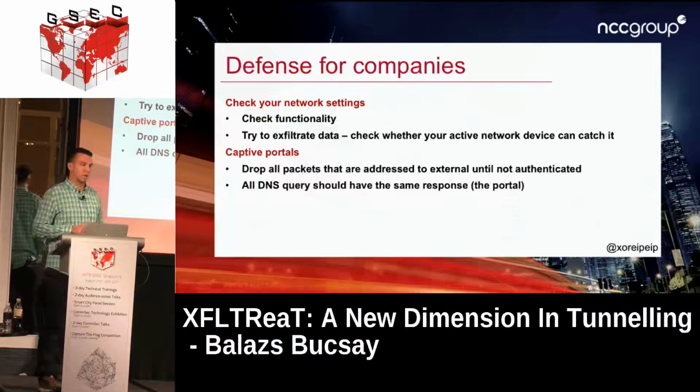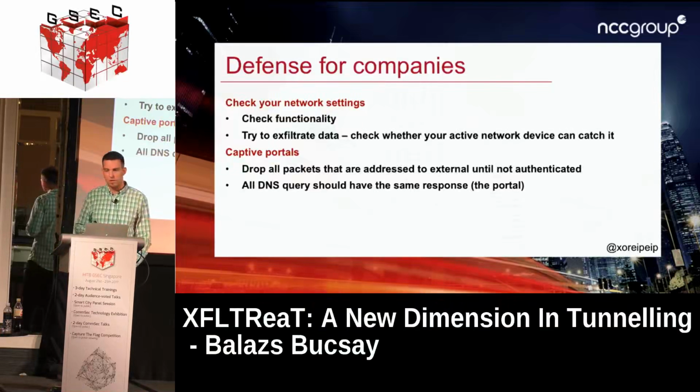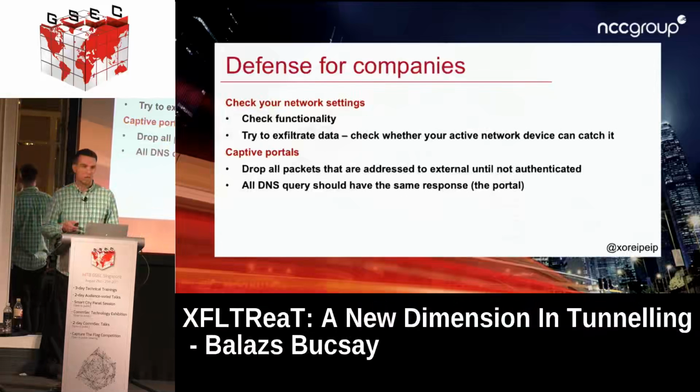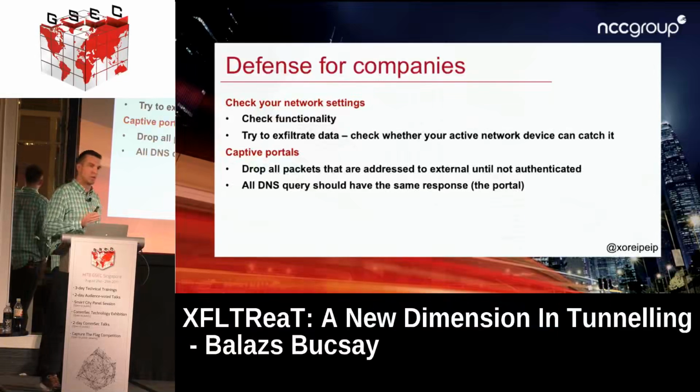If you have a captive network in your company, for example, a guest network with a captive portal, then you should follow my recommendation about this. You should drop all inter-client communication.